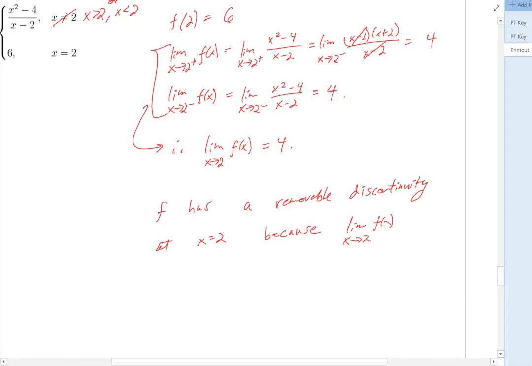And once again, where did we show that? We showed it right there. When we say a limit equals a finite number, that is equivalent to saying it exists, because the limit as x goes to 2 of f of x exists, but does not equal f of 2.